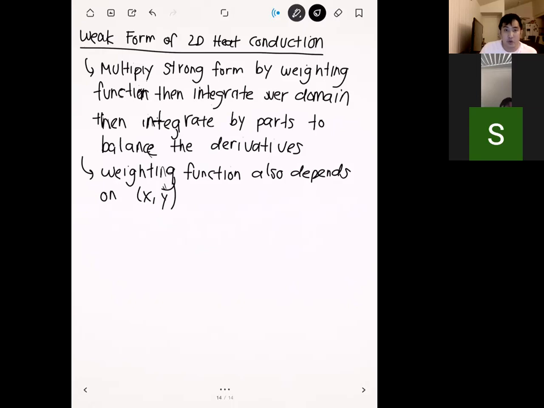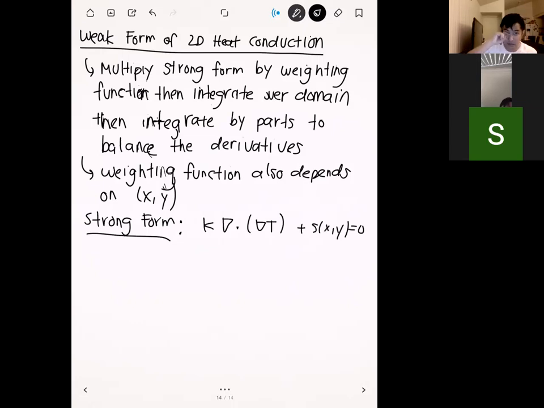Okay, so let's write our strong form of the equations, but I'm going to rewrite it into a form that's a little bit easier to apply Green's theorem to. Okay, and so our strong form is given by the following. Normally here we have the Laplacian, but remember, the Laplacian is nothing more than the combination of a divergence and a gradient. It's going to have k times nabla dot product with nabla T, plus S of x comma y equal to 0.